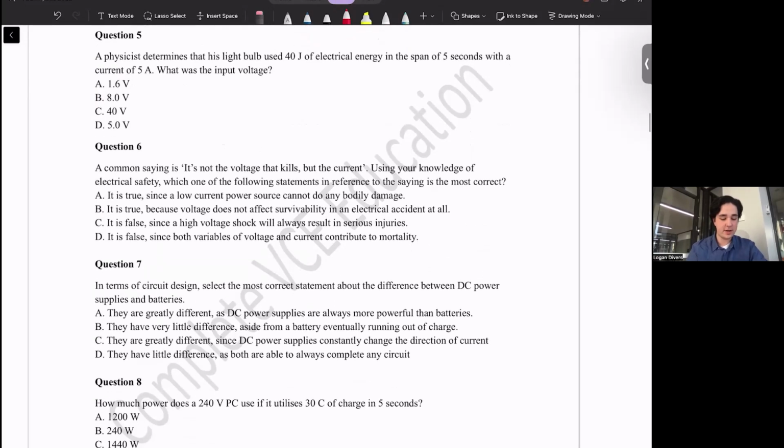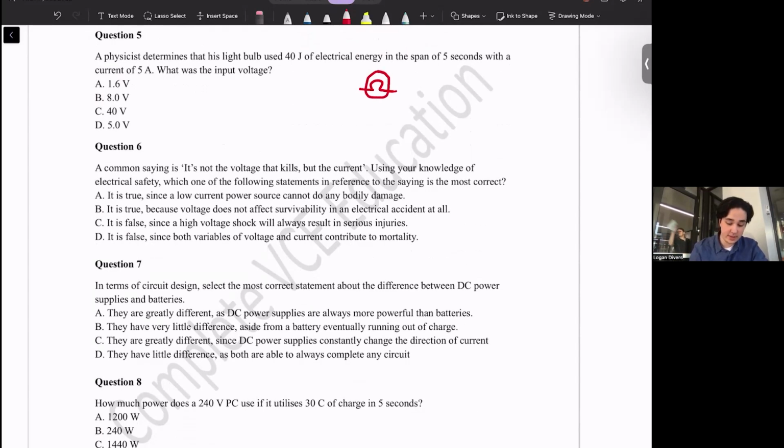So, question 5. A physicist determines that his light bulb used 40 joules of energy in the span of 5 seconds with a current of 5 amps. What was the input voltage? So we have a bit of a problem-solving question here. Let's draw this light bulb here. It's kind of like an ohm symbol in a circle.